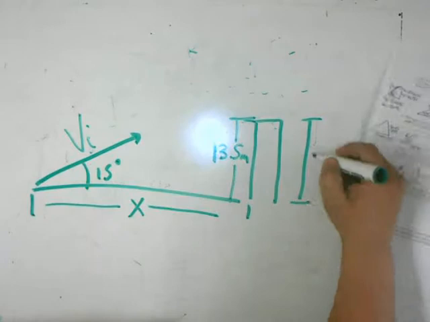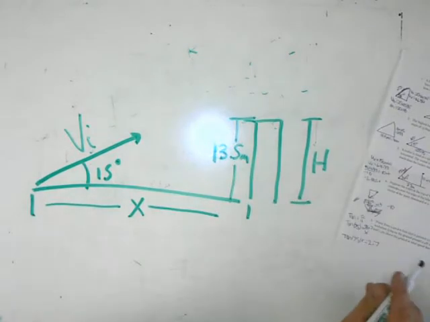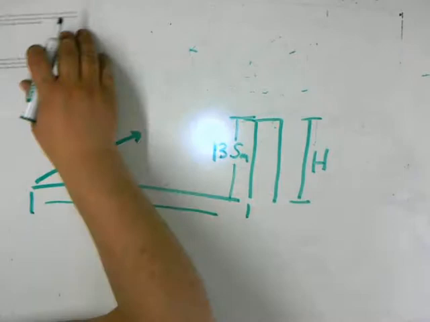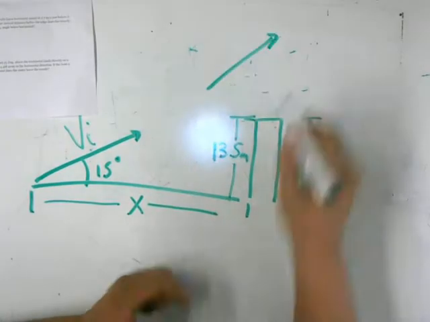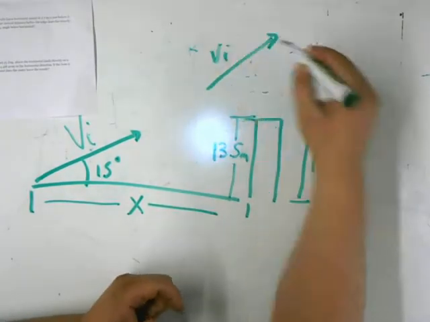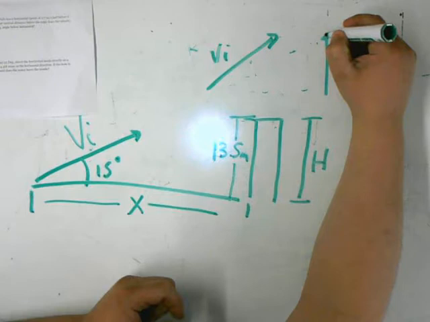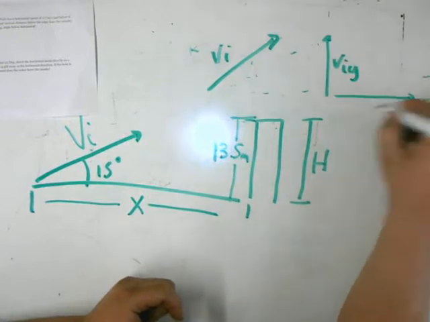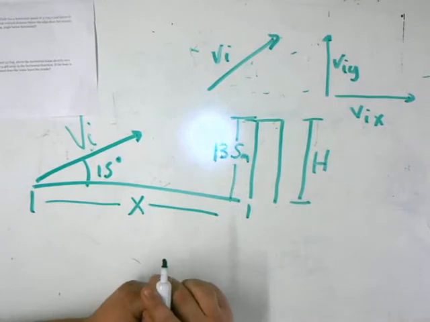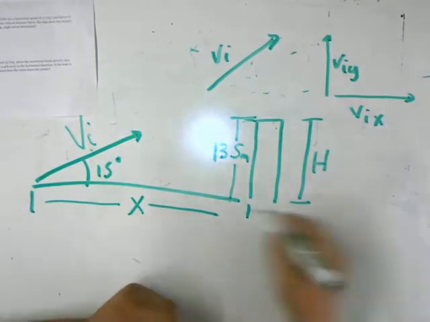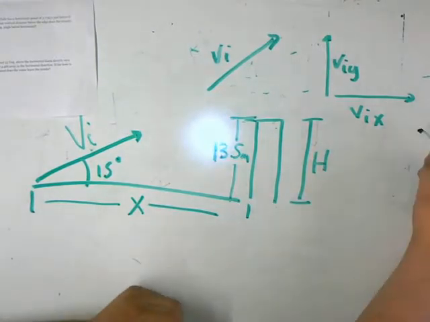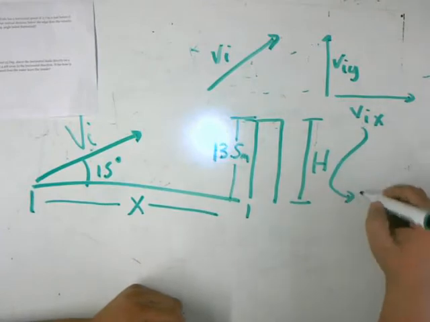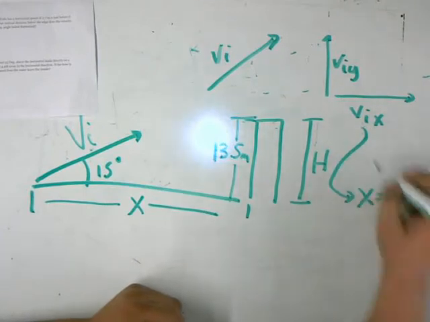Cool? So, let's approach this problem by first saying that V initial has a component V initial in the Y, and V initial in the X. Talking about the X motion, the X distance is going to be equal to V initial X times time.